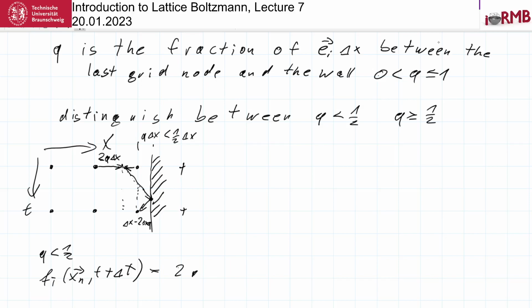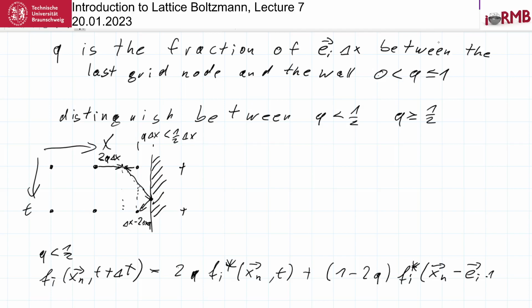So it's 2q f_i post collision of x_n and t, so this is the one that's going into the wall, plus 1 minus 2q f_i post collision of x_n minus e_i delta x and t.